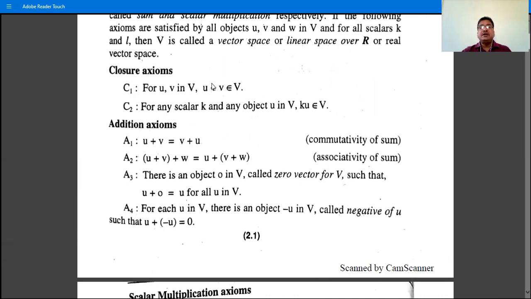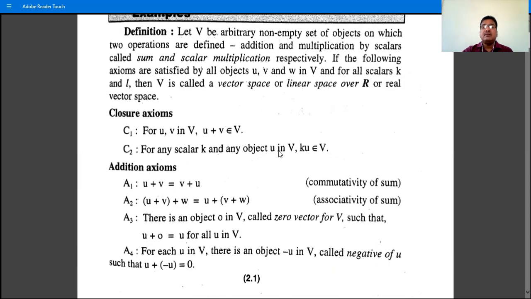That is, if we check these 10 properties for the set of real numbers, then what do we have? If we take any two elements from R, then u plus v belongs to R. Addition of every two real numbers is a real number. Then if we take any scalar, meaning real number, and any element of R, in this problem V is R, then ku is also an element of R, because multiplication of two real numbers is a real number.